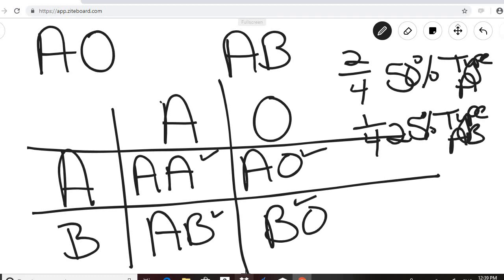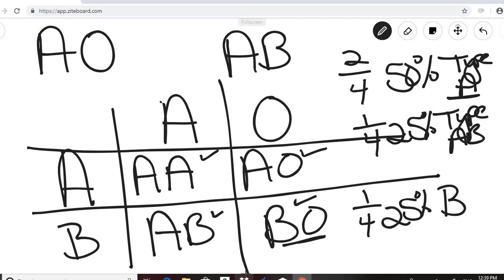And then 1 out of 4, again 25%, is type B, because this is type B. When the blood is tested, you wouldn't necessarily know what the genotype is by just testing the blood, but these both would be type A blood. This would be type B, and this is type AB, and this is type BO.